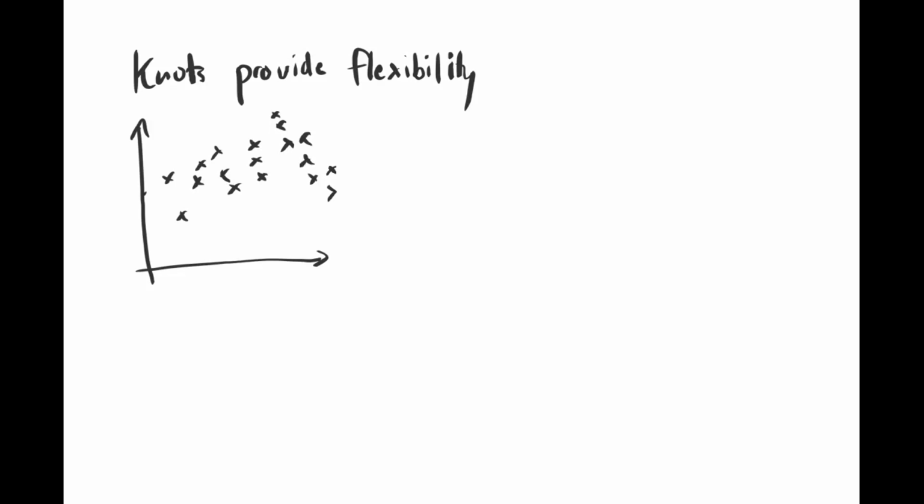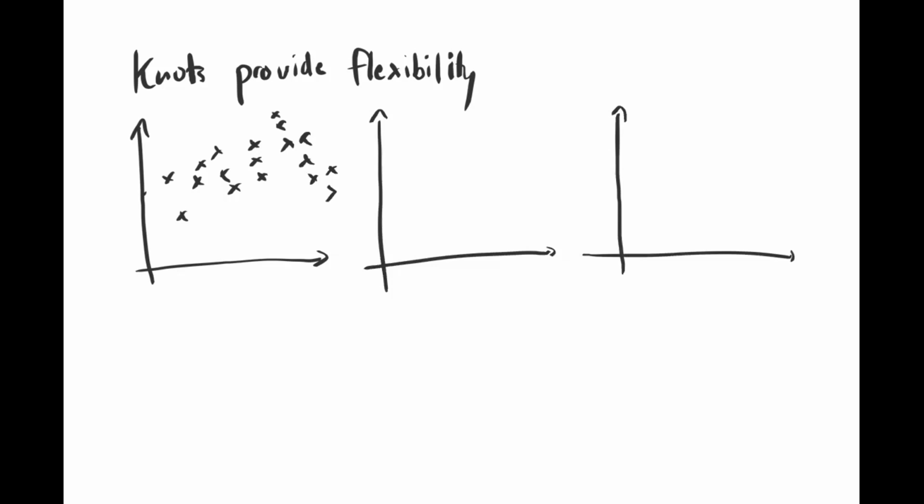And I'll try and draw an example of this. Let me draw it like this. So I'm going to show an example with different numbers of knots, and we can try and see what happens here. I'll try and copy this as best as possible.